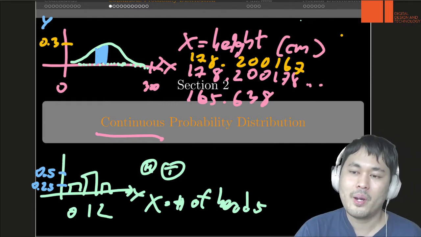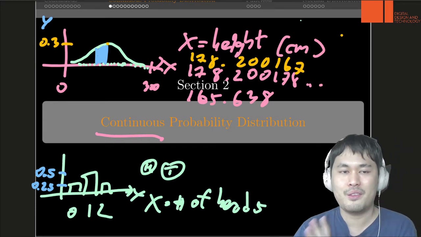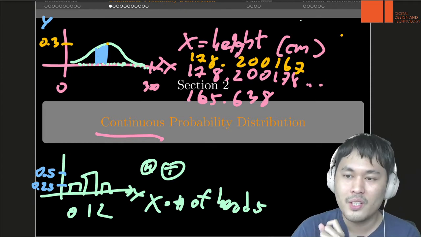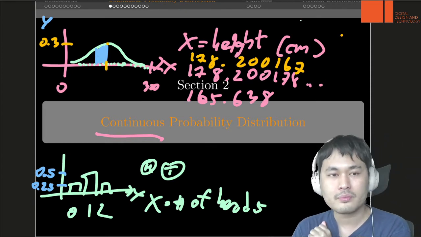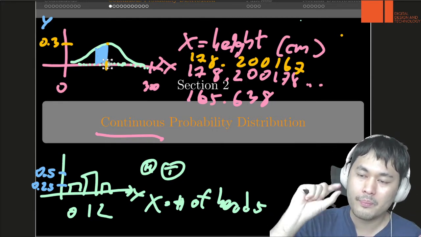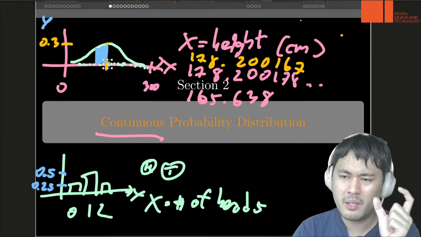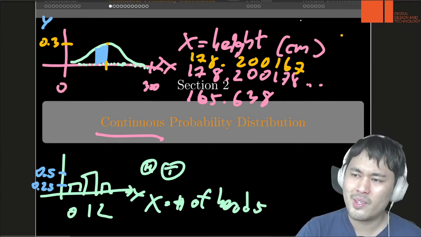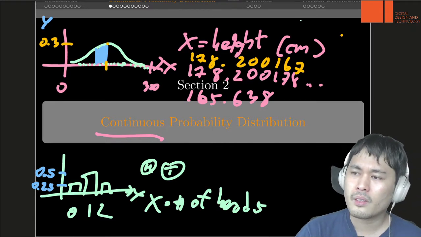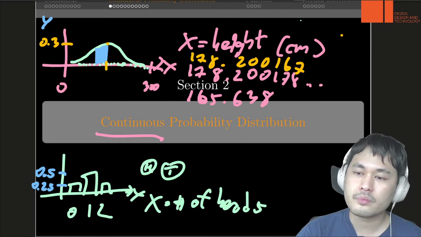But this point being 0.3 doesn't mean there is a 0.3 chance to get exactly that height, because there is absolutely zero chance to get exactly that height, since there's going to be some imprecise measurement or imperfection that makes your height slightly larger or smaller than that number. So it makes more sense to represent that as an area.